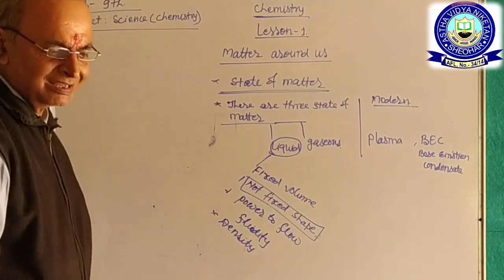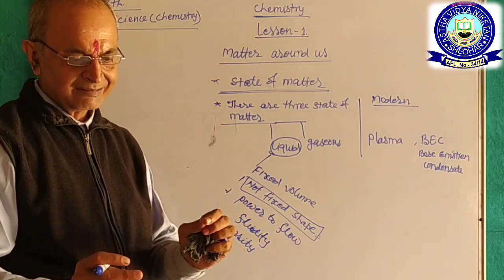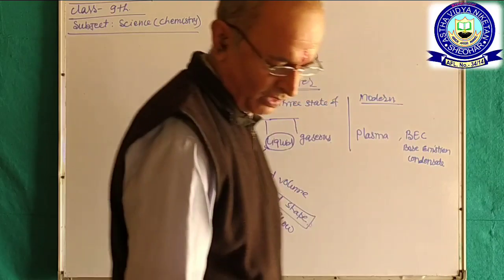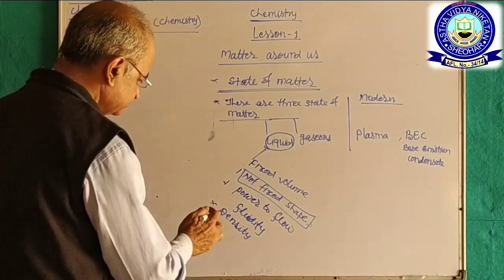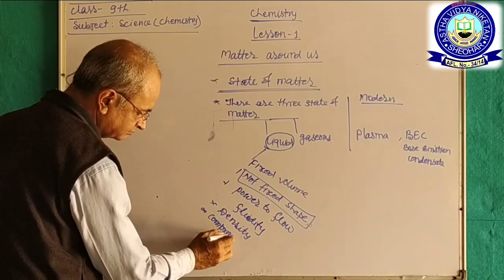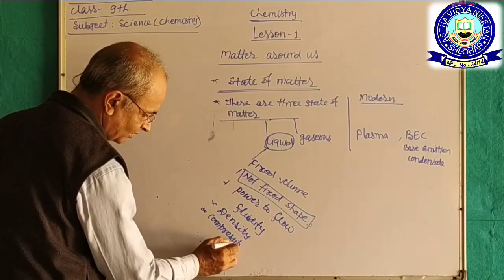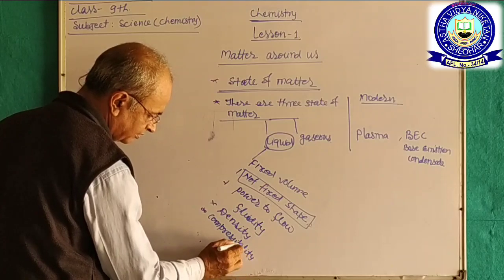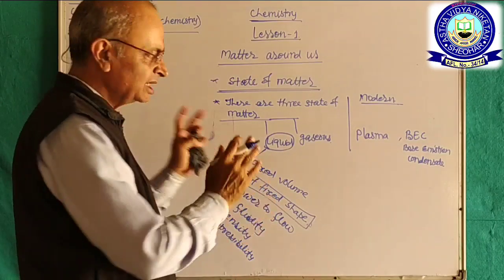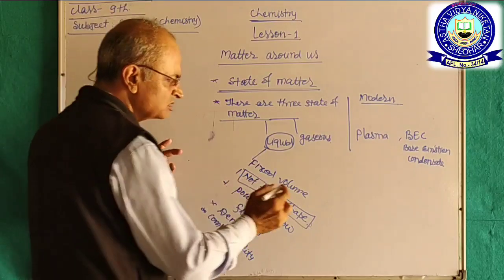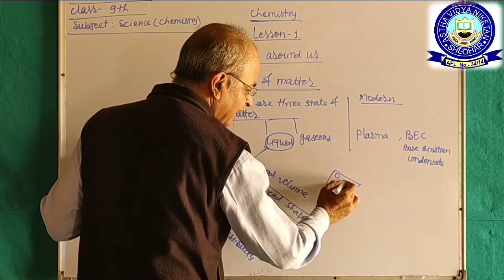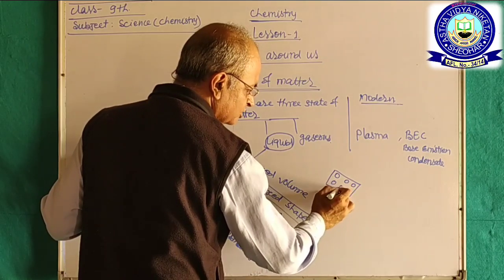Density of liquid is maybe that more. So the density and compressibility. The liquid can be compressed. Solid cannot be compressed, because liquid molecules are loosely packed as compared with the solid.